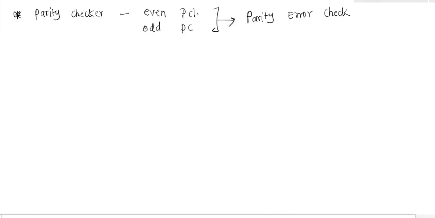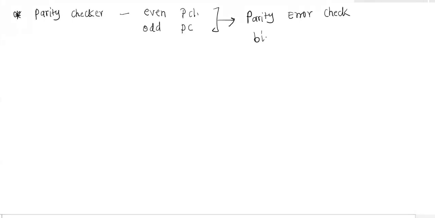Now parity checker is also of two types, the even parity checker and the odd parity checker. And the bit generated by the parity checker is the parity error check.